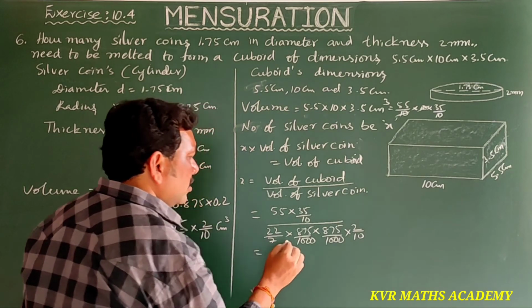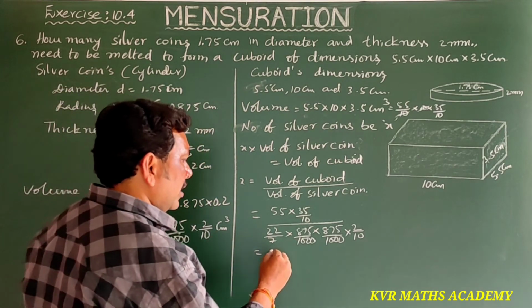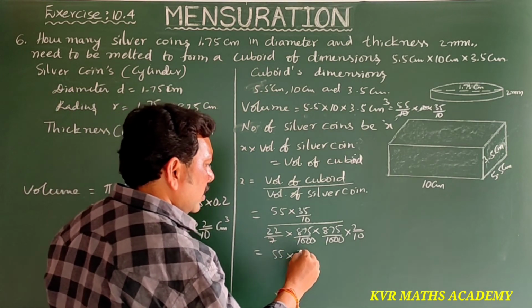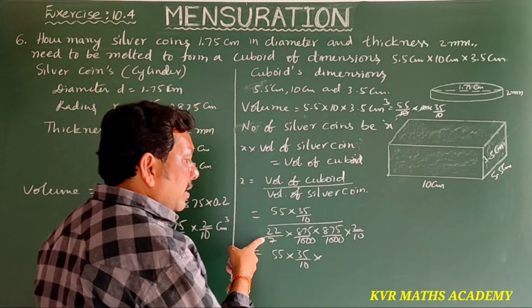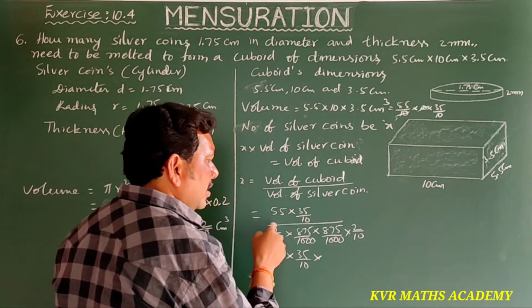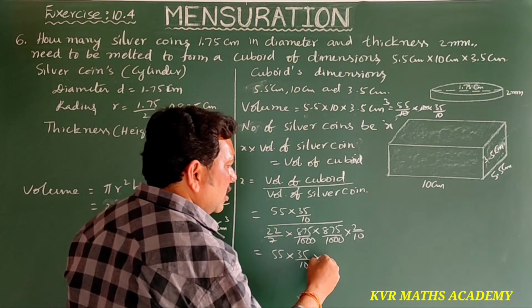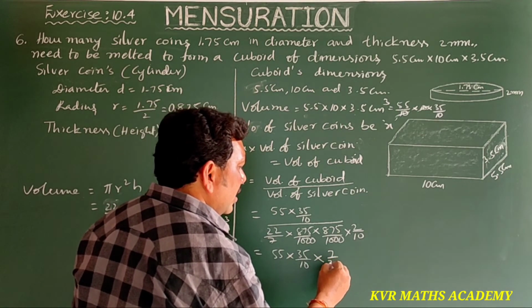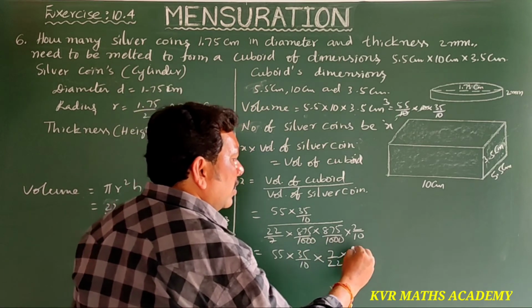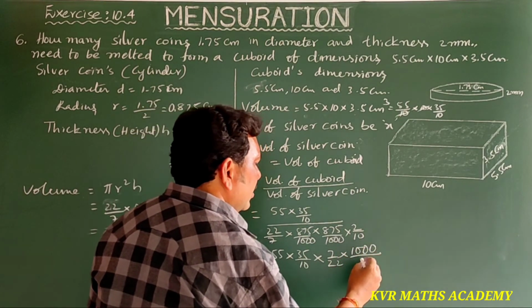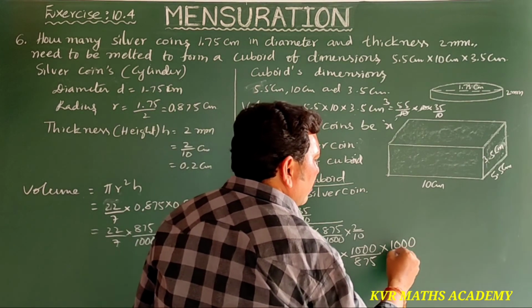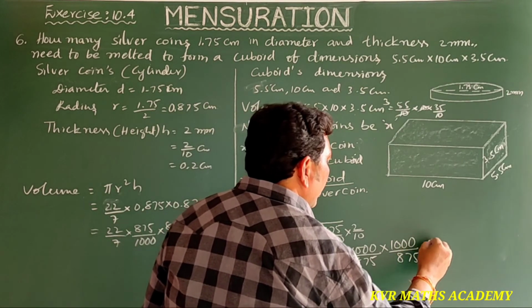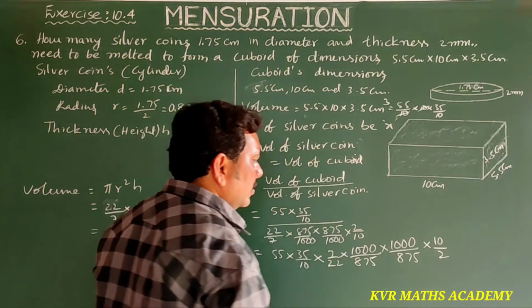How can you write this? 22 by 7 is a division, so it can be written as 7 by 22 into 1000 by 875 into 1000 by 875 into 10 by 2.